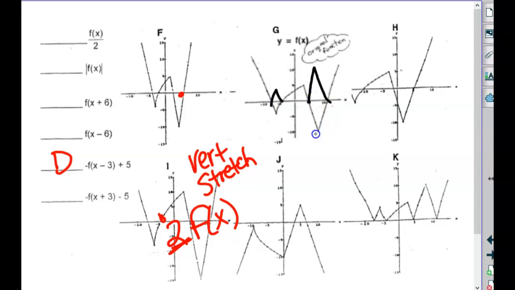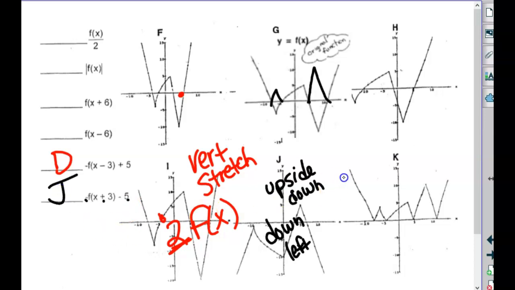And this one looks like it is shifted down and left, upside down, down, and left. So I hope we haven't done that one. Upside down would be this, left, and down. So J is going to go here.